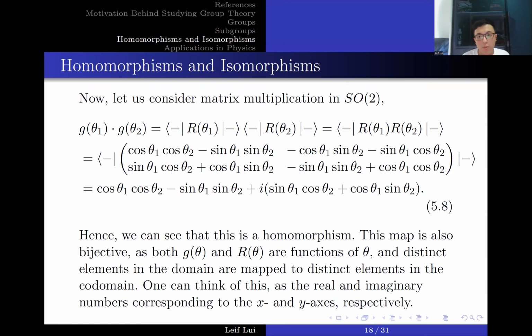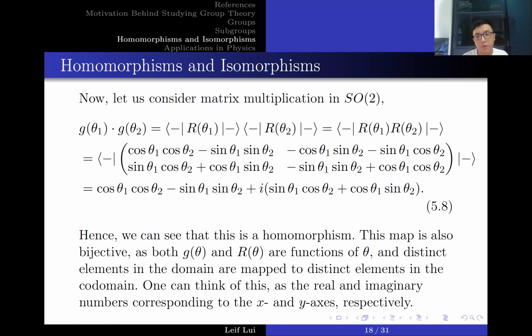We can see that this is a homomorphism because it preserves the structure of both groups. But this map is also bijective because G of theta and R of theta are functions of theta, and distinct elements in the domain are mapped to distinct elements in the codomain.